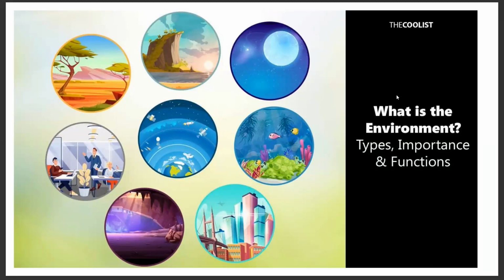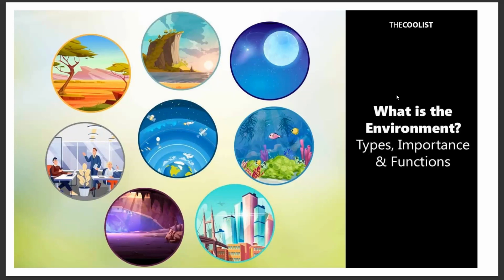Environment is the complex of physical, chemical, and biotic factors. Biotic means the living things. Biotic factors that act upon an organism or an ecological community and ultimately determine its form and survival. That is the definition of environment.